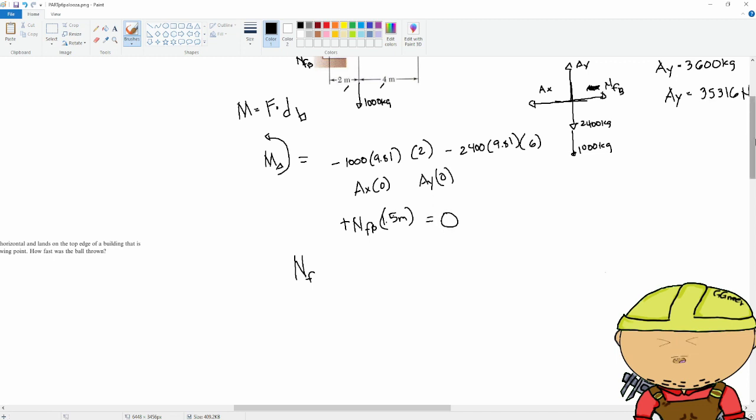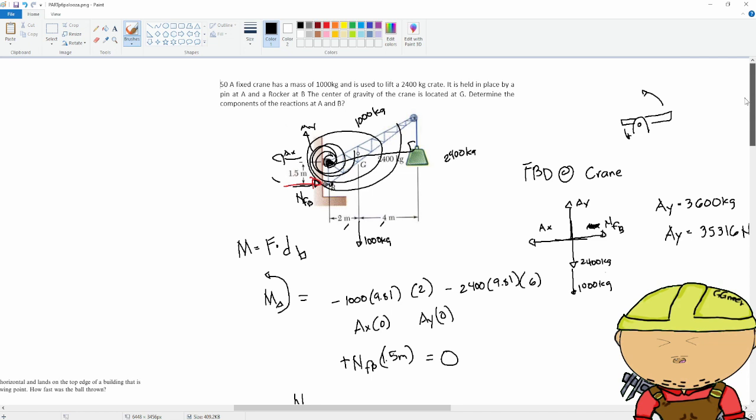Okay, this is a crane, this is a system, and we're gonna assume the crate is being lifted. Assume equilibrium.